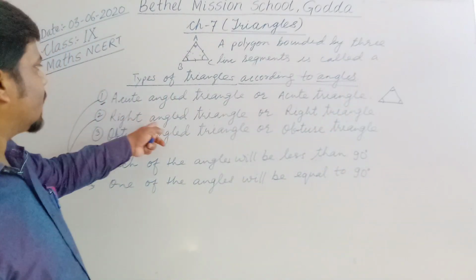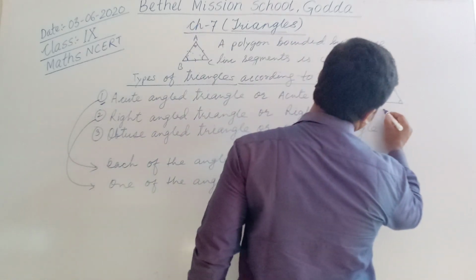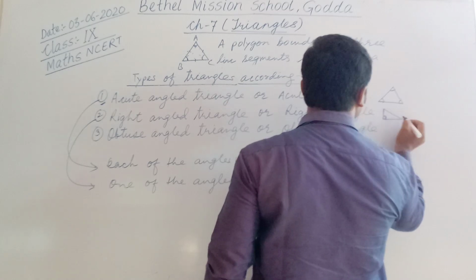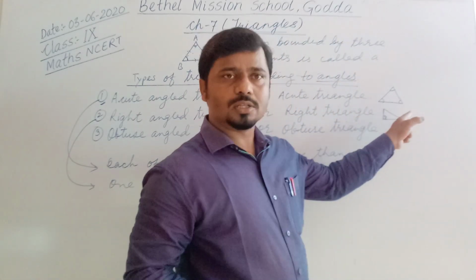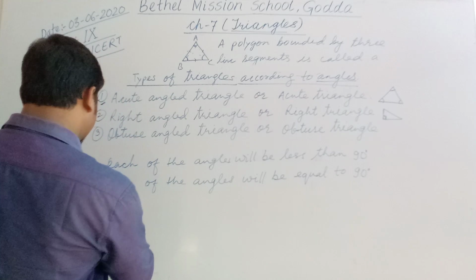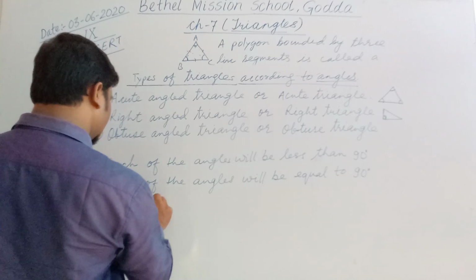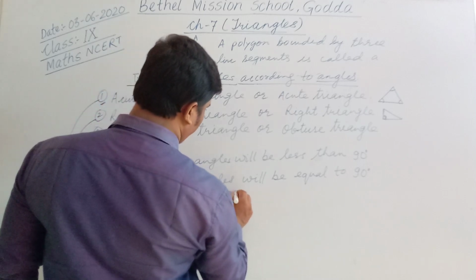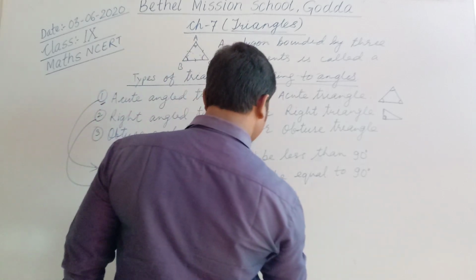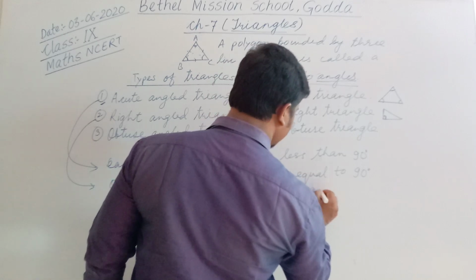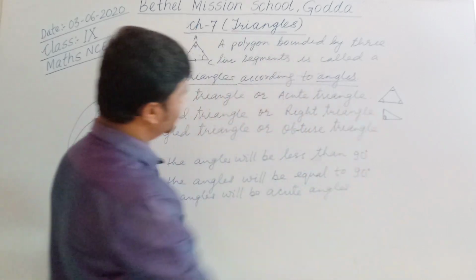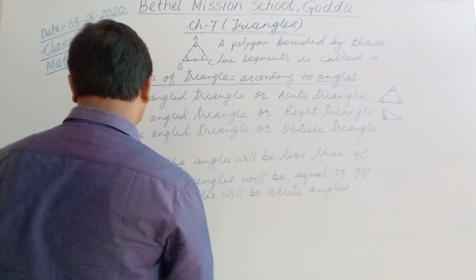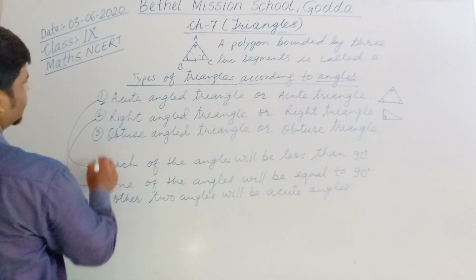Means in the right angle triangle, one of the angles will be 90 degree, and the other two angles will be acute angles. Okay, other two angles will be acute angles, and this is the property of right angle triangle.